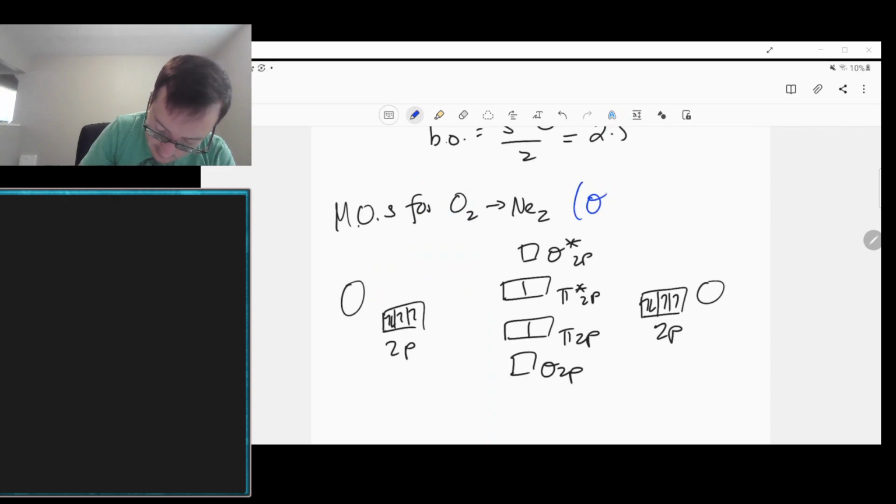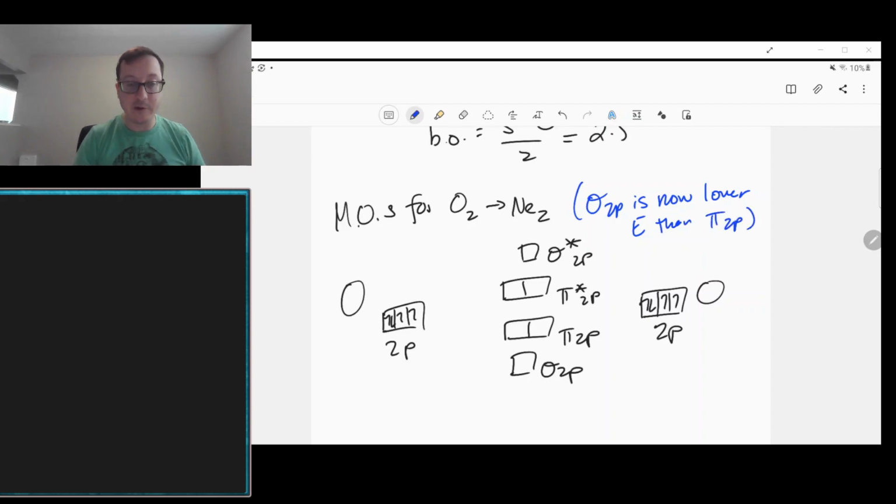We see that sigma 2p is now lower energy than pi 2p. So between oxygen and nitrogen, that's when these things tend to change. We're going to see that, just accept it, I guess. That would be the easiest way to do it. So after nitrogen, at oxygen, we switch to having the sigma now be our lowest energy, and then the pi, and then the other two are the same.